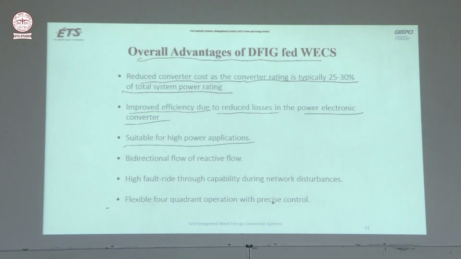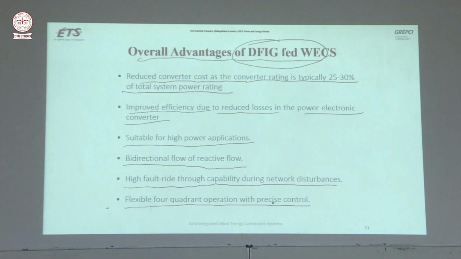Suitable for high power applications. Bidirectional flow of reactive power. High fault ride through capability during network disturbances. And flexible four-quadrant operation with precise control. This is the advantage of DFIG based wind energy conversion system.